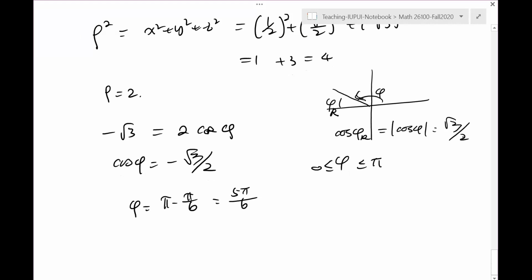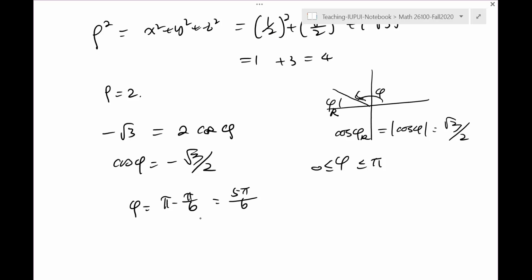But I remember cosine pi over 6 is square root of 3 over 2. So that's why I end up with pi minus the reference angle, to give its original angle.